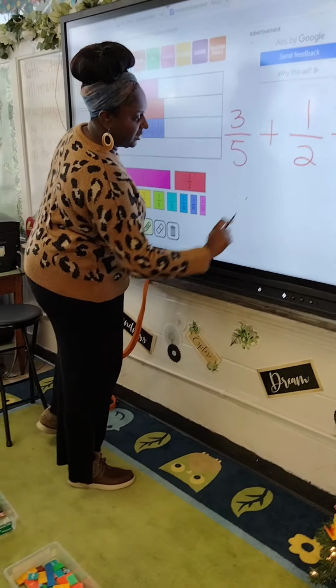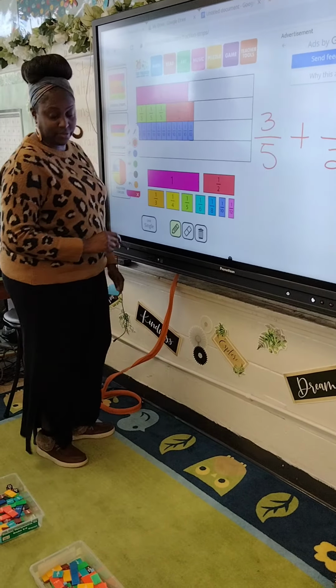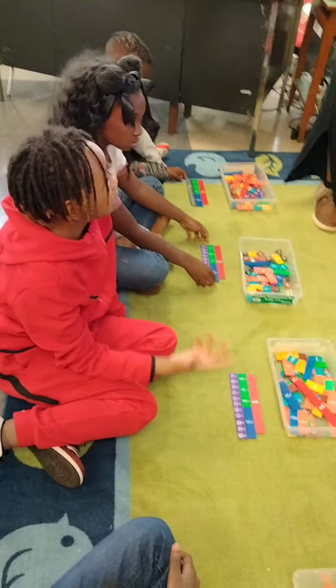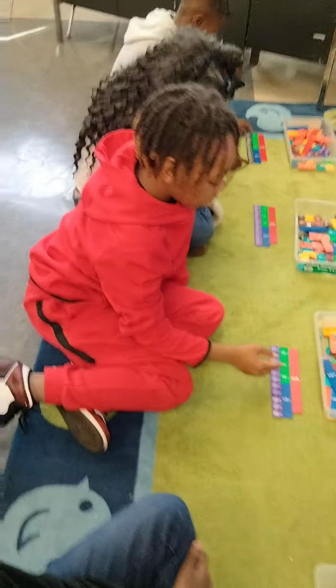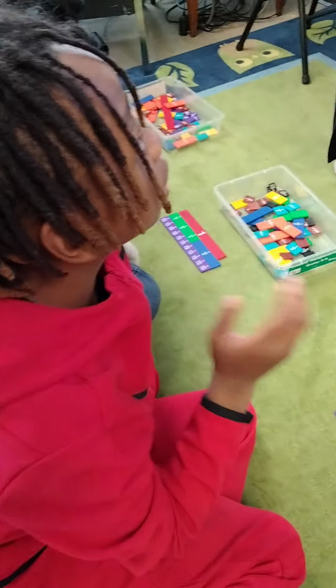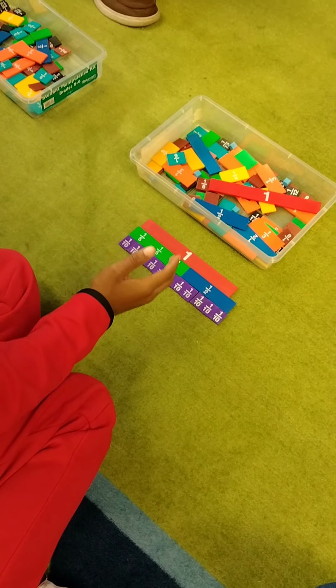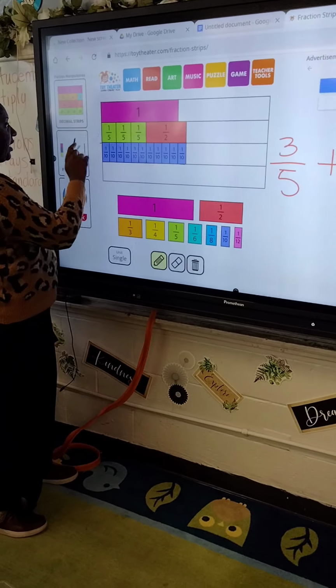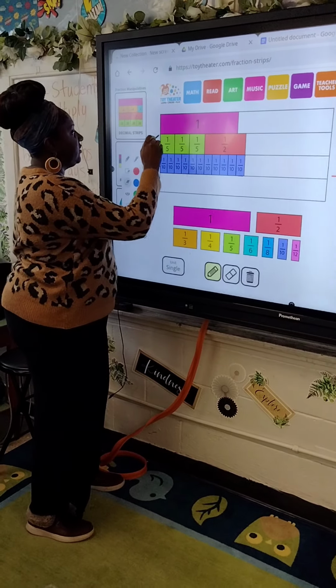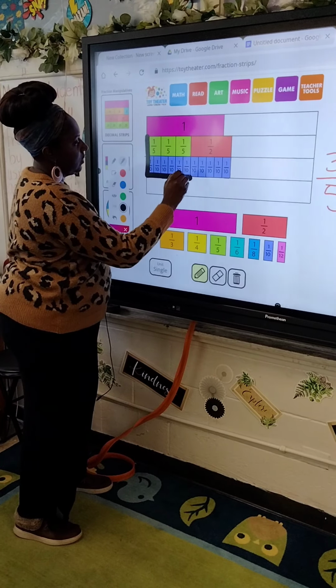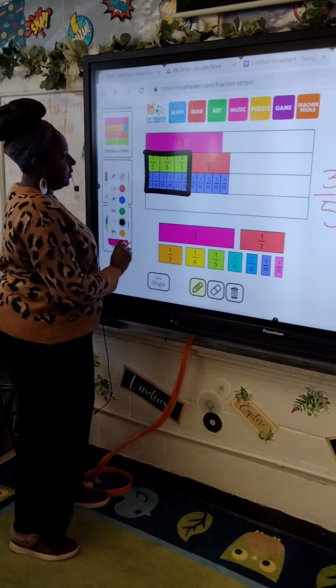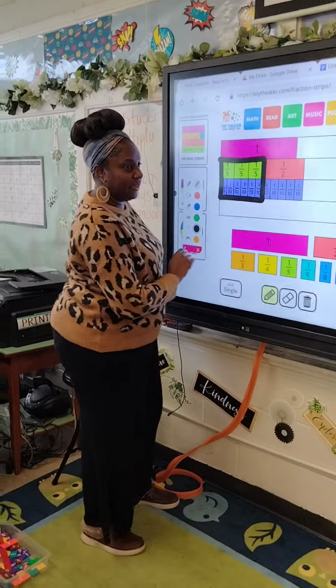Okay, so now we need to come up with some equivalent fractions to see how they got this answer. So you can do 6 tenths. Show me that on there. Because 6 tenths and 3/5 are equal to each other. Okay, I see that. So right here, if we do what he said, 6 of these tenths: 1, 2, 3, 4, 5, 6.